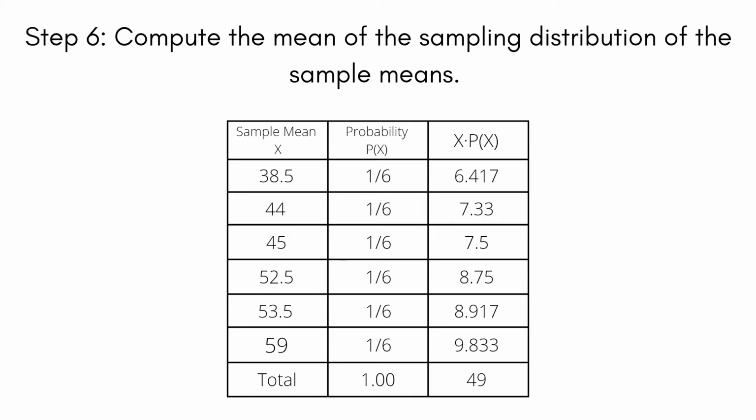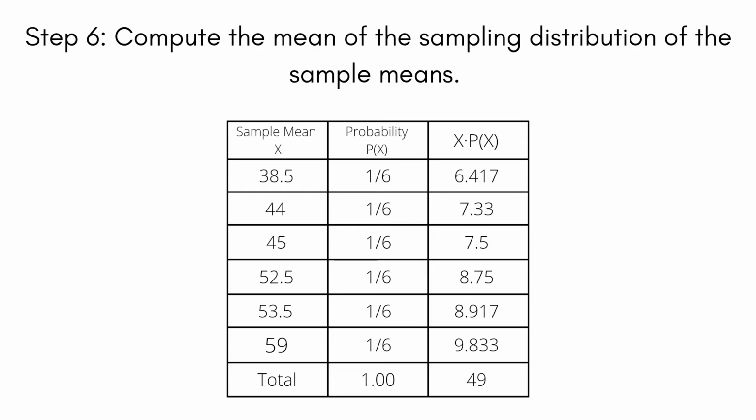Multiplying the sample mean 38.5 by the probability 1/6 is equal to 6.417. Multiplying the sample mean 44 by the probability of 1/6 is equal to 7.33. Multiplying the sample mean 45 by the probability of 1/6 is equal to 7.5.